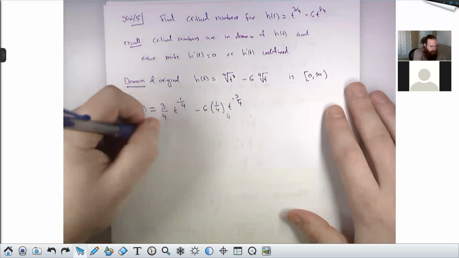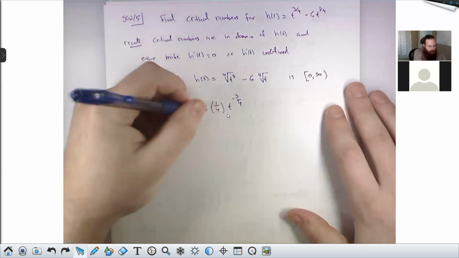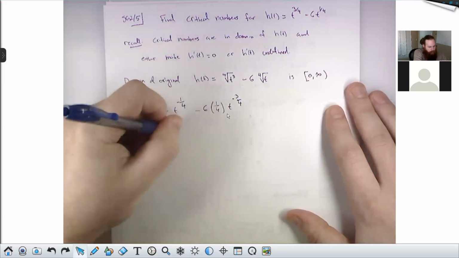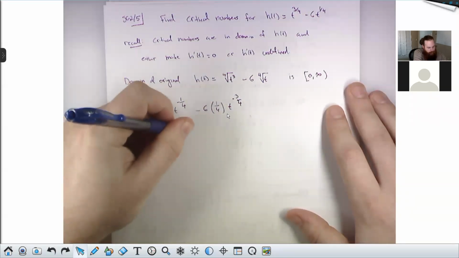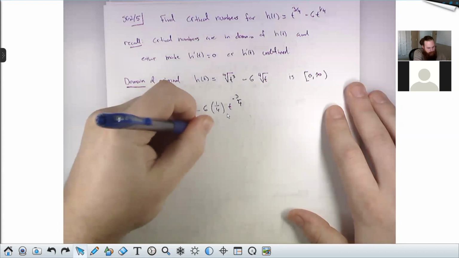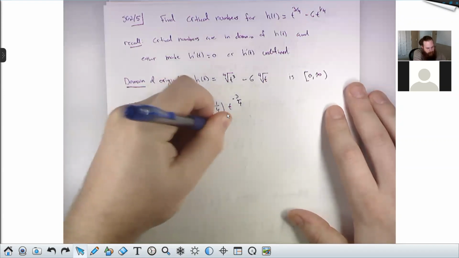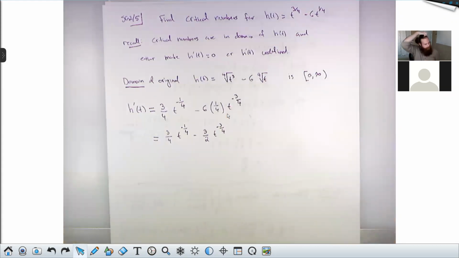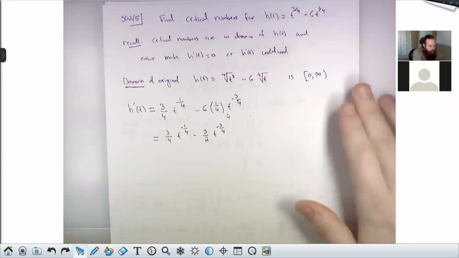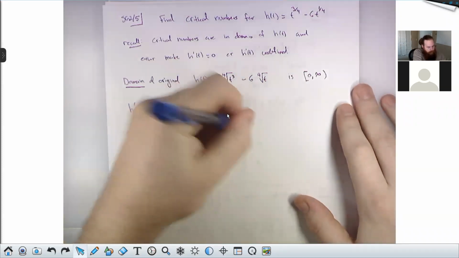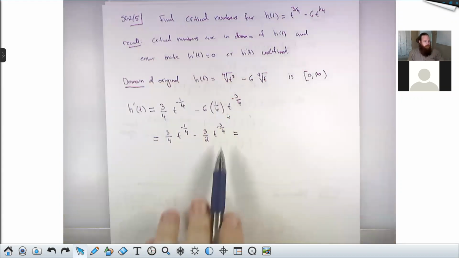So before I do that, 6 times 1/4 is 3/2. So this is 3/4 t to the negative 1/4 minus 3/2 t to the negative 3/4. I can factor out a 3/2, but let me first deal with the powers of t here to show you this cool trick.